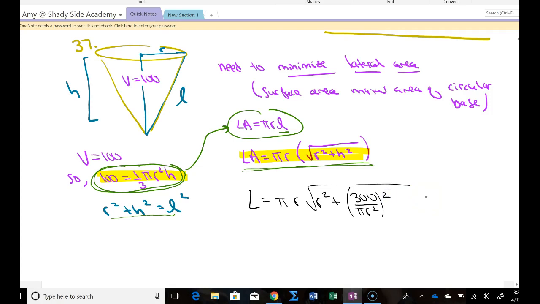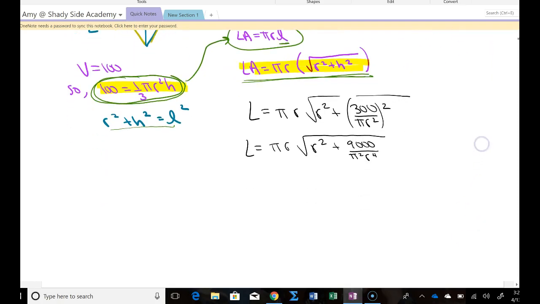All right, now I'm going to go over here and do L equals pi r times the square root of r squared plus 9,000 all over pi squared r to the fourth. Okay? Here's a little trick for you. I can go ahead and take the derivative now. I could find L prime, right? I have L as a function of one variable. I'm ready to go. I should also say that in this case, we know the radius has to always be positive, right? Okay, I'm ready to go.